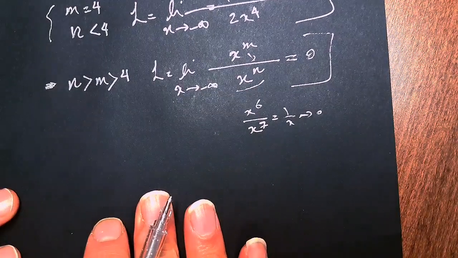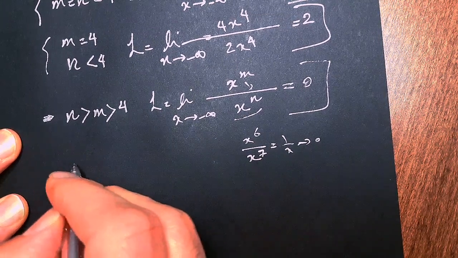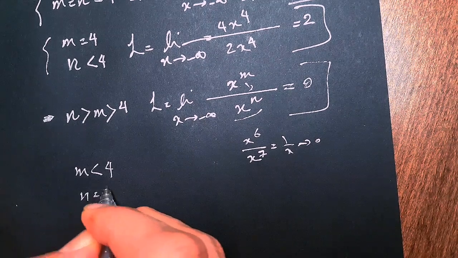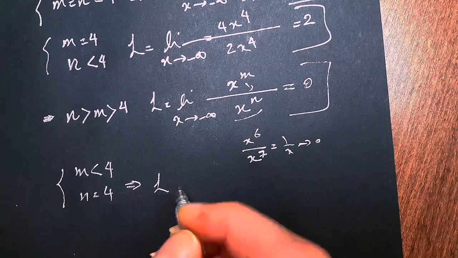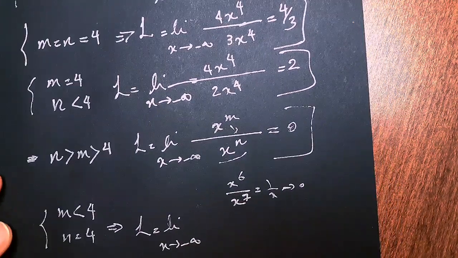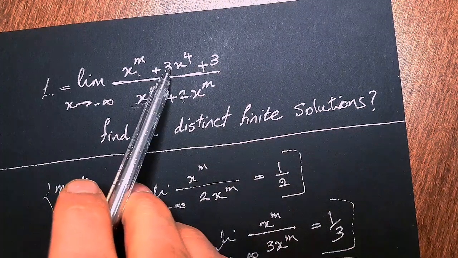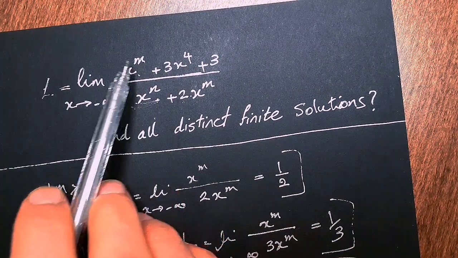That's just an example. What we are left with is when we have m less than 4 and n equal to 4. Then let's see what happens to our limit. On the numerator, m is less than 4, so what matters is that this term grows more than this, because this is x to the 4 and this is x to the m, which is less than 4.